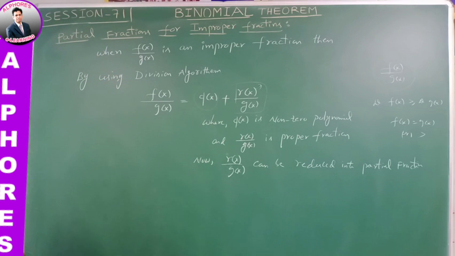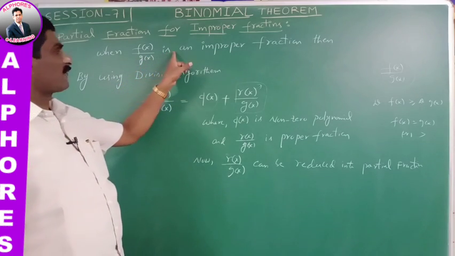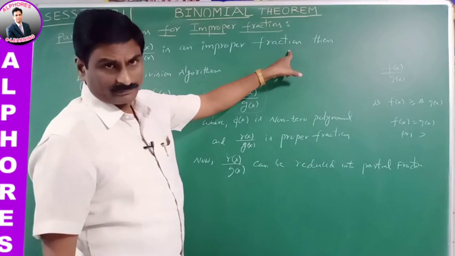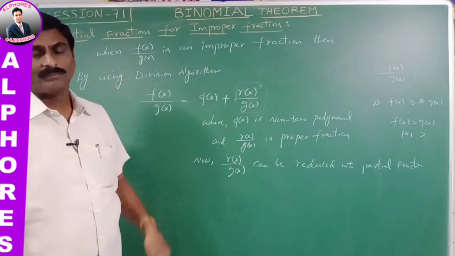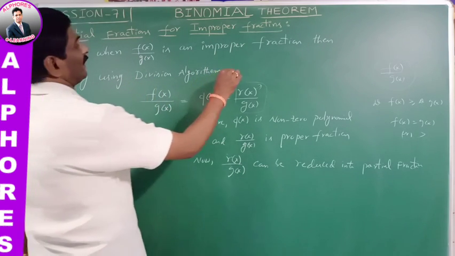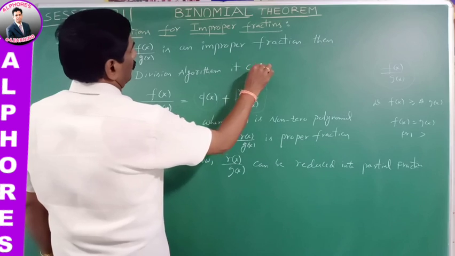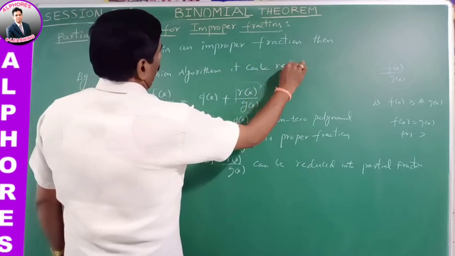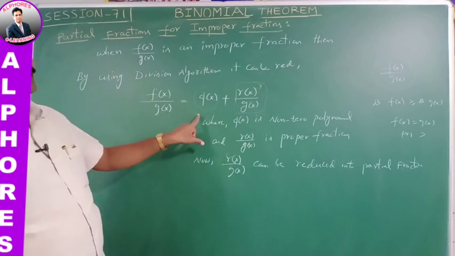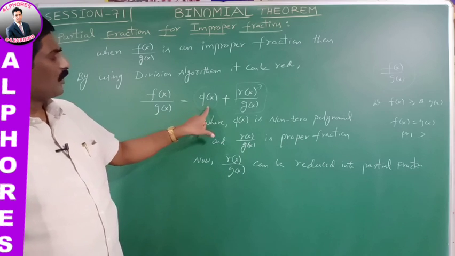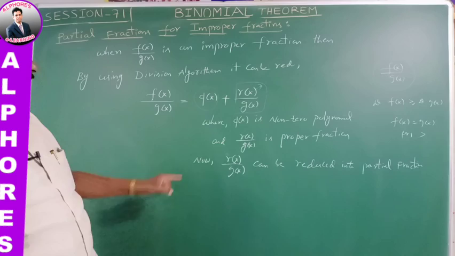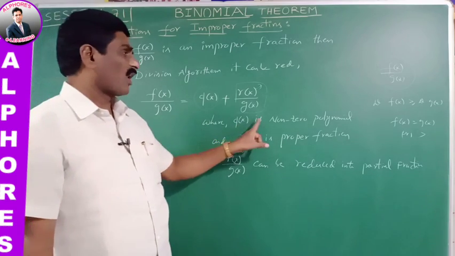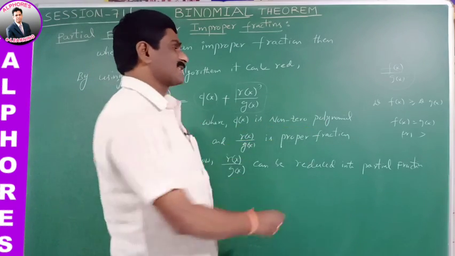When f of x by g of x is an improper fraction, then by using the division algorithm, it can be reduced into f of x by g of x is equal to q of x plus r of x by g of x, where q of x is a non-zero polynomial and it is the quotient value.